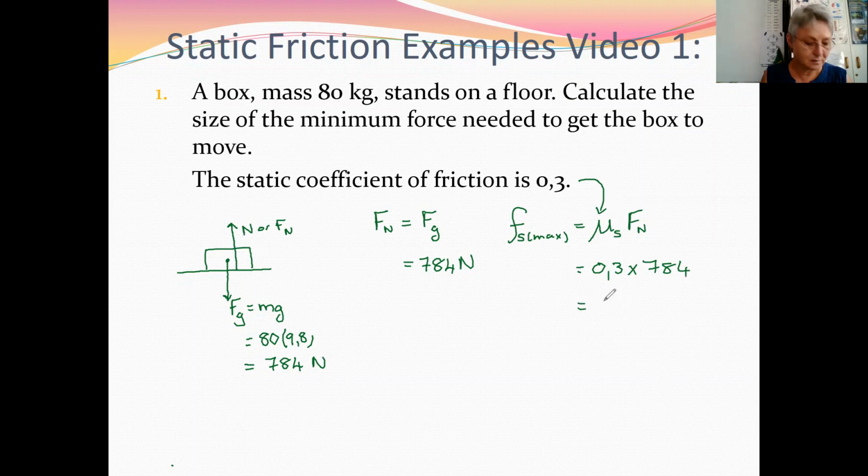It will be 235.2 newtons, and it will oppose the motion or the force applied on the object. Right, let's go to the next example.